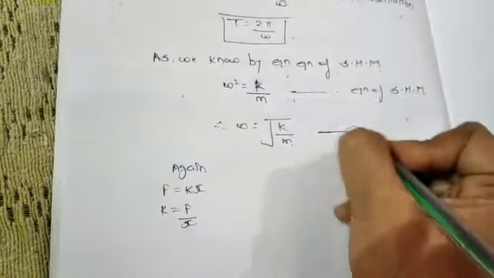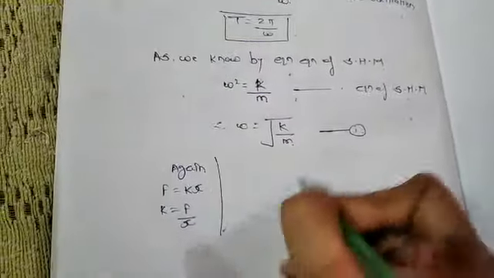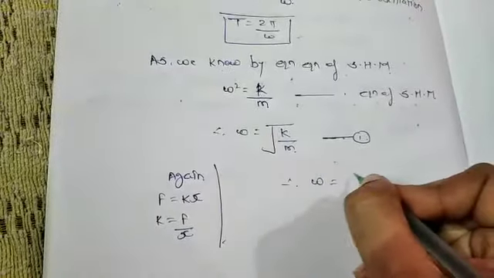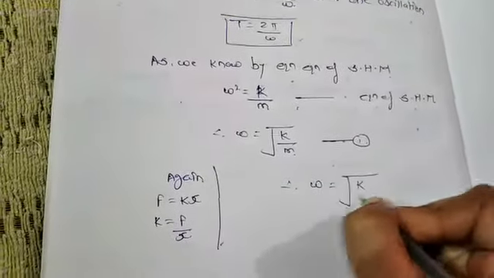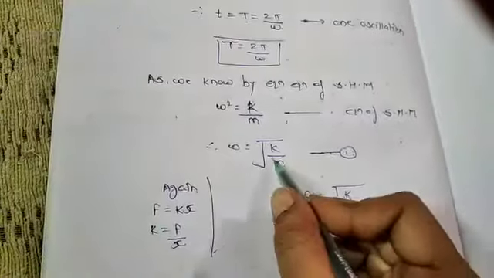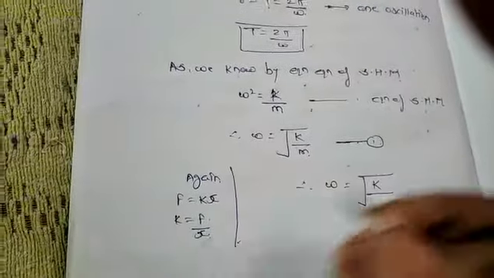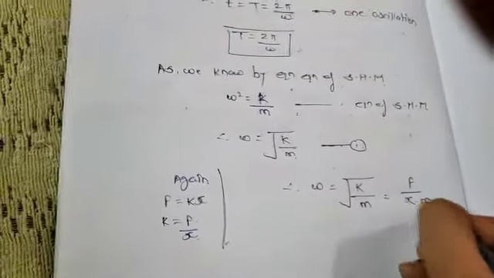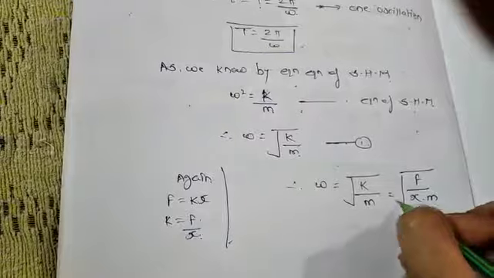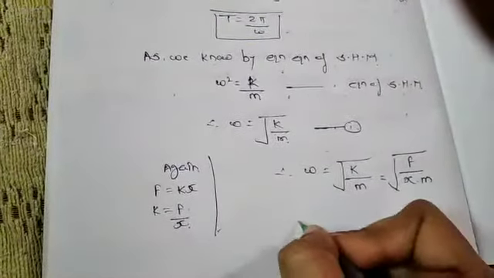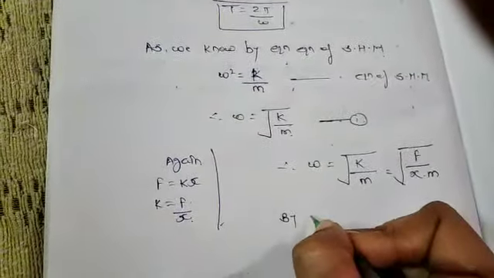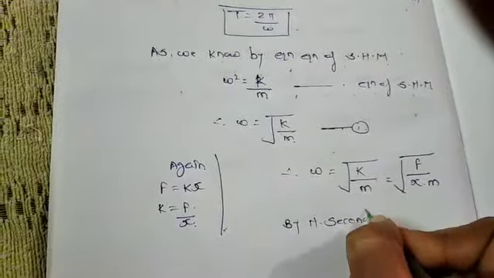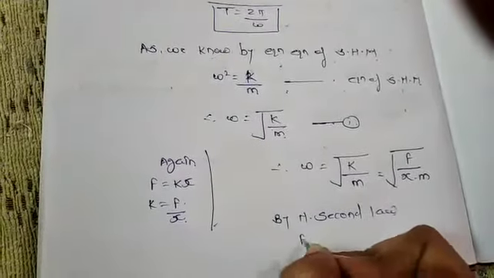Therefore this equation can be written as ω is equal to root of (F/x)/m, so F upon x into m. By Newton's second law, we know F is equal to ma.